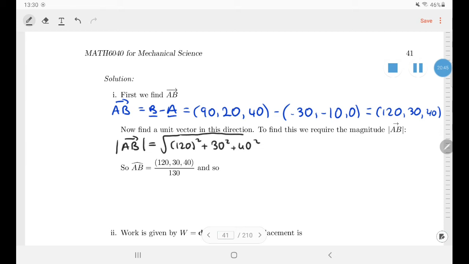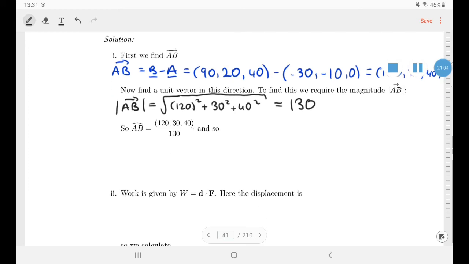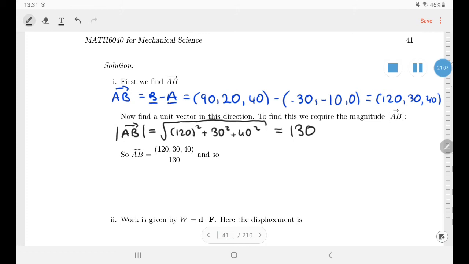Those of you who know your Pythagorean triples will see 30 squared plus 40 squared is 50 squared, from the 3, 4, 5 triangle. And then you've got a 5, 12, 13 triangle. If you bang all that into the calculator, you get 130. So AB hat is equal to AB, which is (120, 30, 40), divided by its own length.